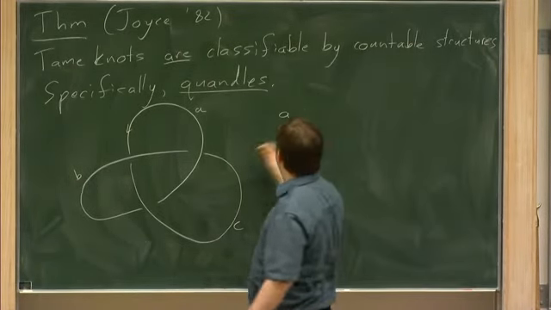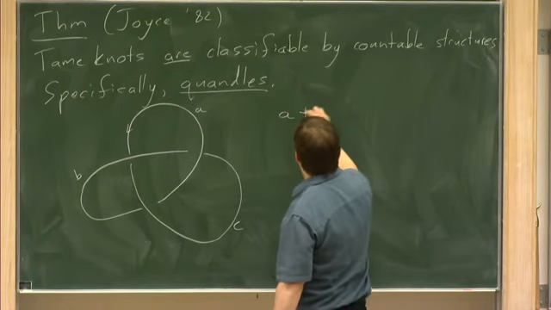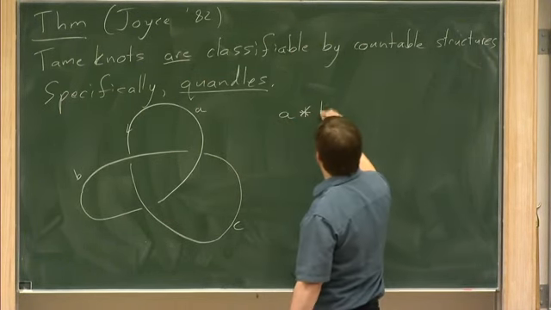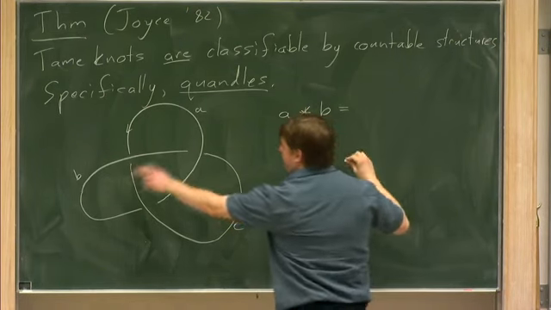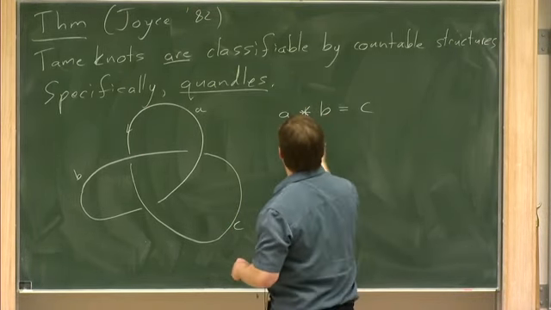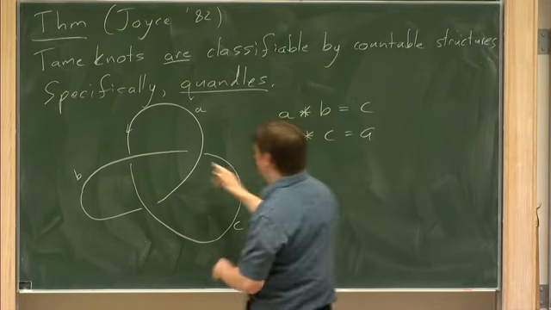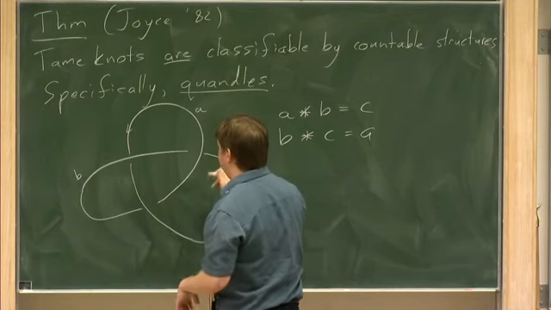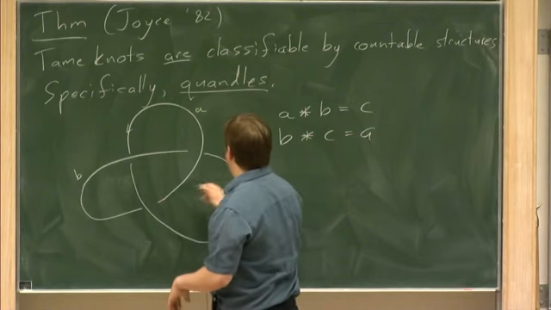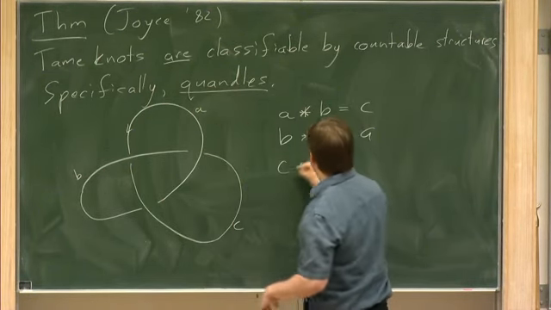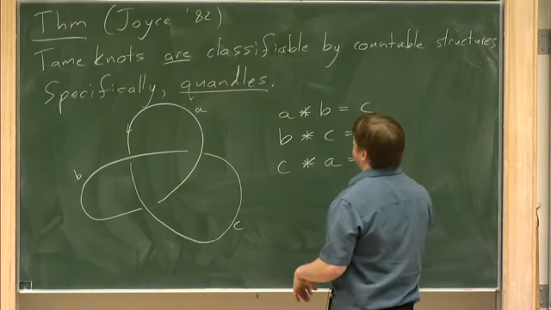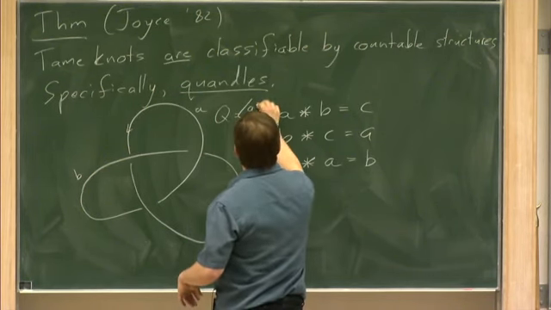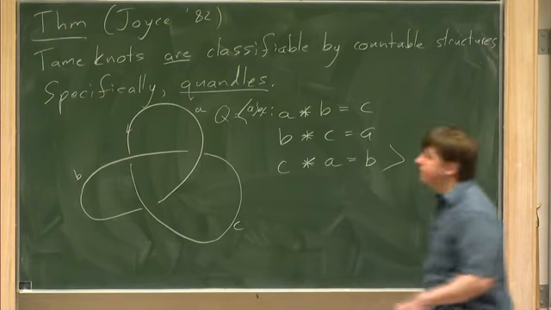But the gist of it is that you have A going under B gives you C, and that corresponds to your quandle having three generators, A, B, and C, and then you have relations A star B is C, B star C equals A, and C star A is B. So A under B is C, B under C is A, and C under A is B. So the quandle for this knot is generated by A, B, C with these relations.